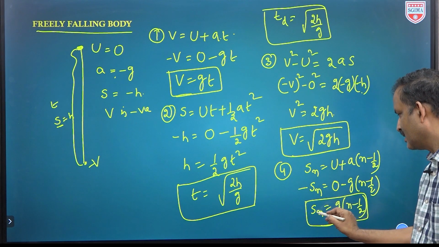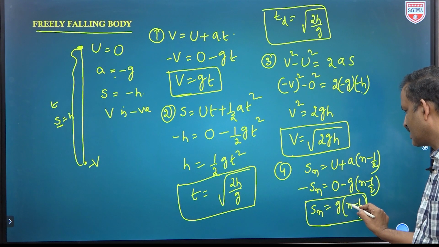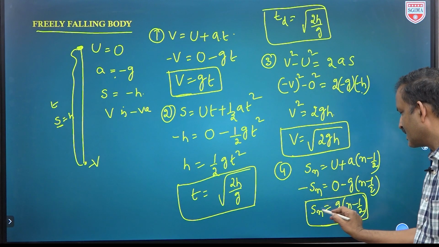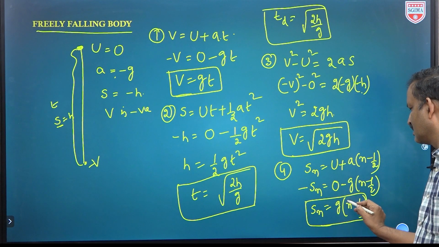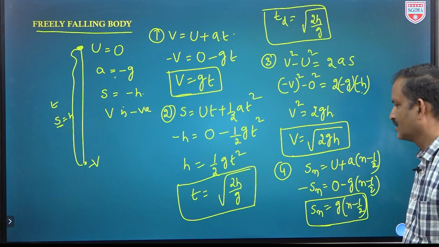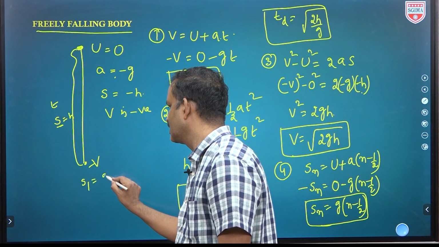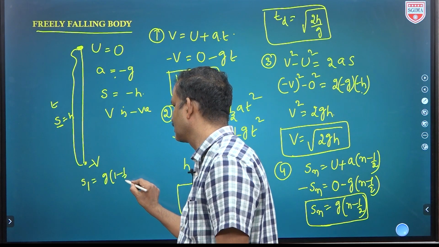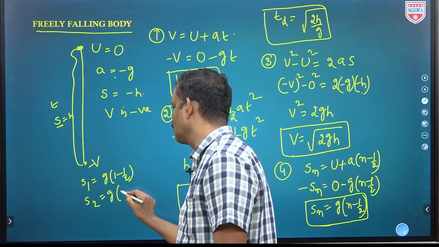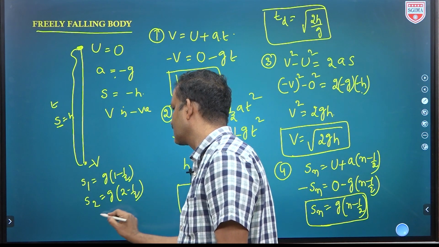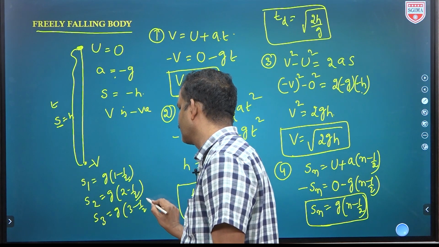Suppose first second distance travelled is g into (1 minus half), second second distance travelled g into (2 minus half), third second distance travelled g into (3 minus half). In this way we can write. So, first second distance S1 is equal to g into (1 minus half), second second distance is g into (2 minus half), third second distance is g into (3 minus half).